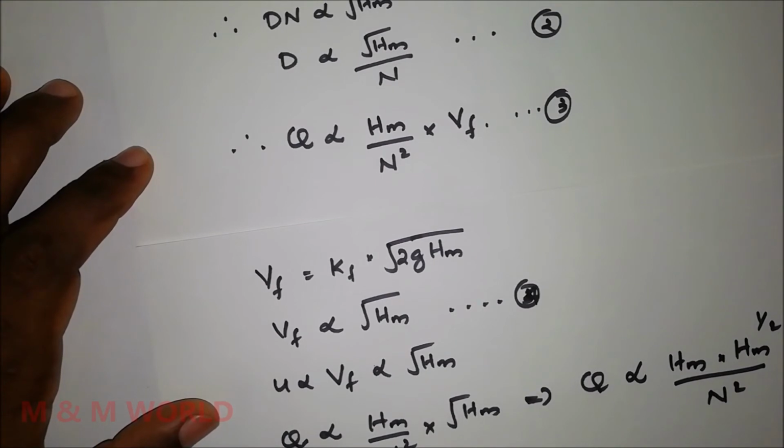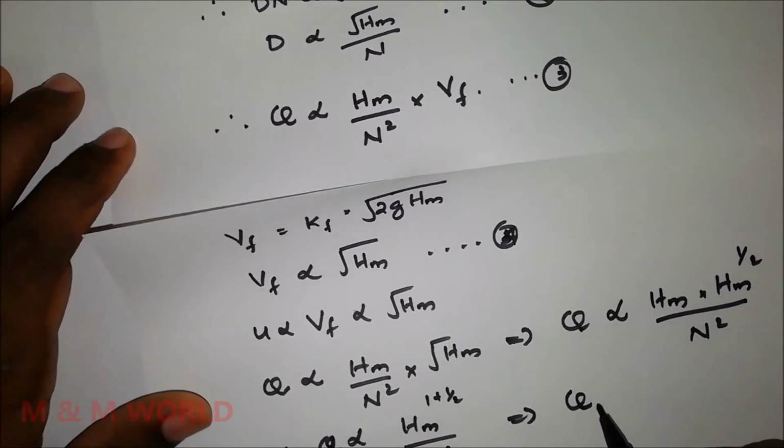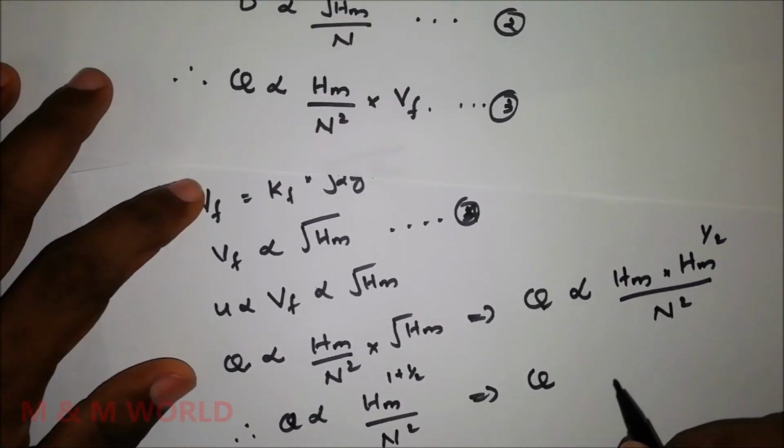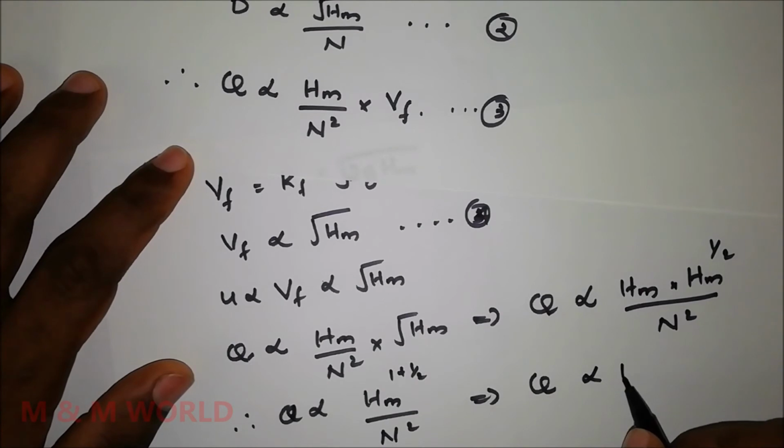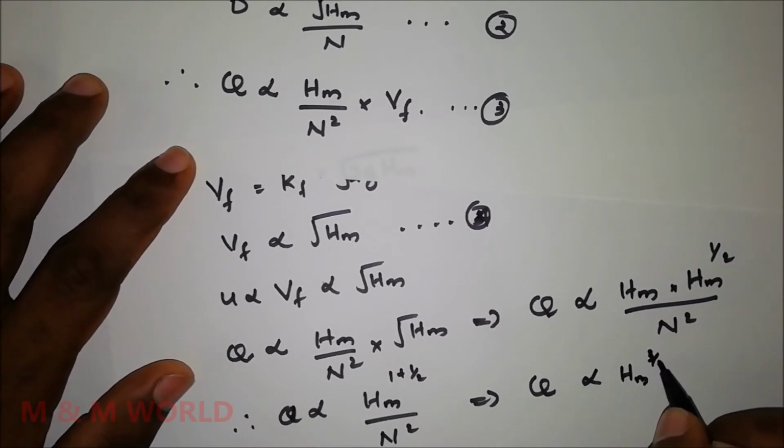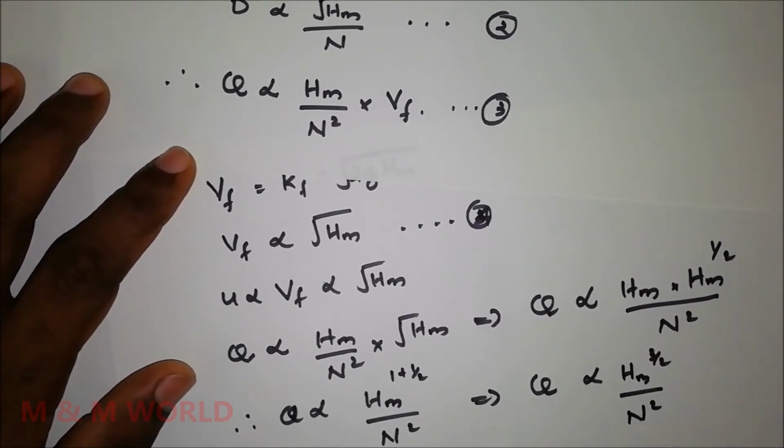Therefore Q is directly proportional to Hm raised to 1 plus 1 by 2 by N square, which implies Q is directly proportional to Hm raised to 3 by 2 by N square.